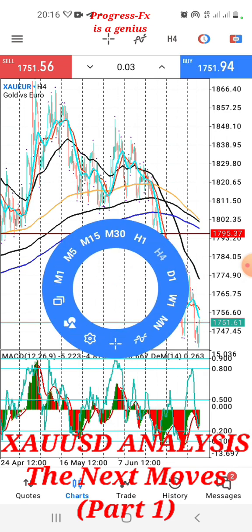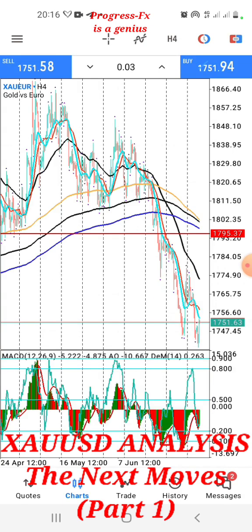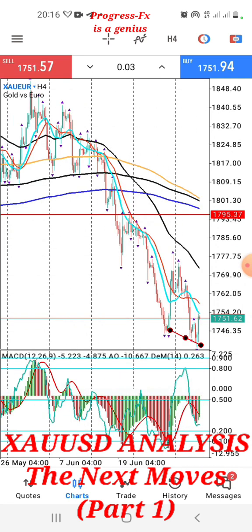Let us apply the divergence line to see what I am talking about. That's why I don't like using a phone to do analysis, because sometimes it's a bit stressful.